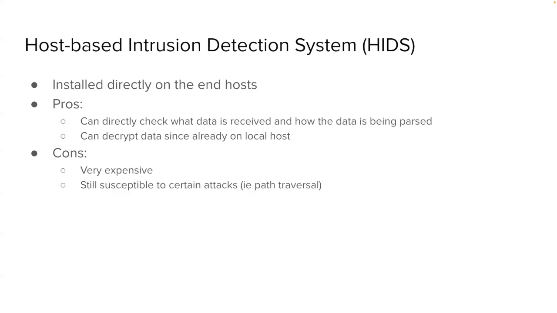And because it's on the host, it does have the key, so it can decrypt the data. The downside is that it's very expensive, you need a lot of compute resources to run it, and it is still susceptible to certain types of attacks, like path traversal.